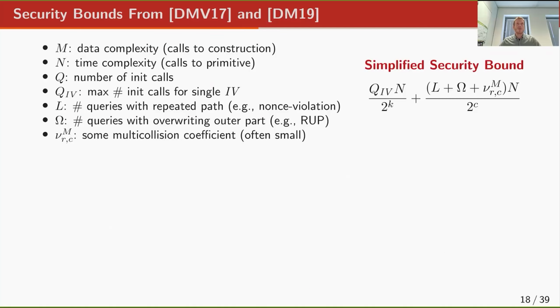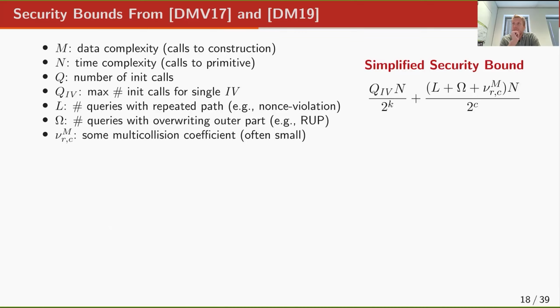So the original proofs of Daemen et al. and Dobraunig and me in 2019 apply. We had this online complexity M, this offline complexity N, the number of initialization calls, the number of calls for a single IV, which is typically the number of keys that the attacker can attack, the number of queries with a repeated path, the number of overwriting queries, and some coefficient, which is typically small.